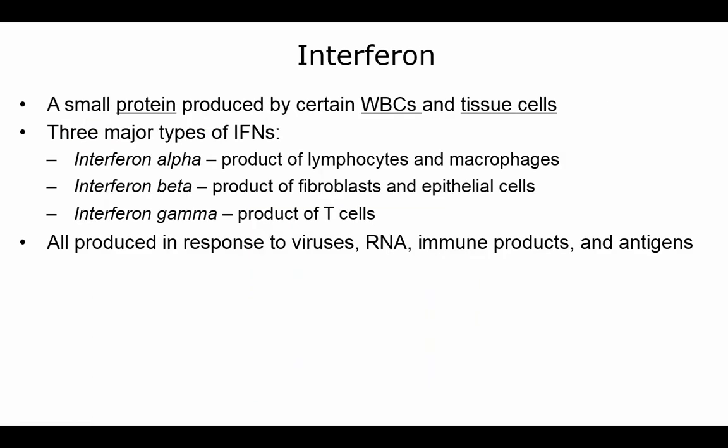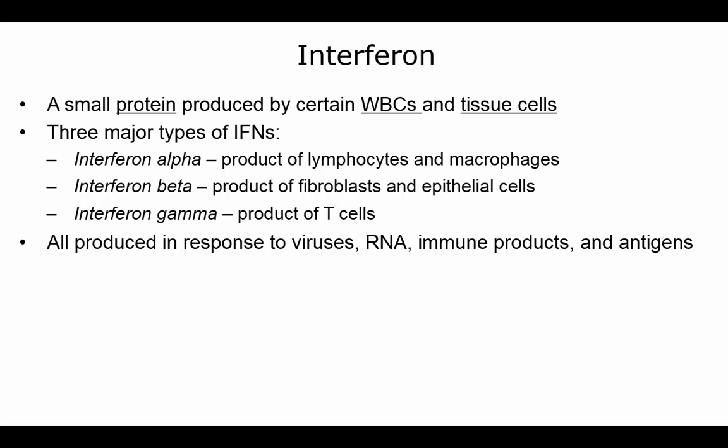Interferon is used in therapy against certain viral infections and cancer, and it's a small protein that's produced naturally by certain white blood cells and tissue cells. And there's three major types of interferons. There's interferon alpha, interferon beta, and interferon gamma.